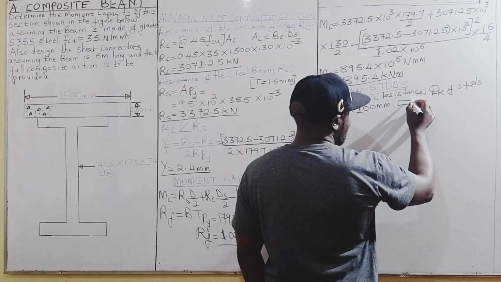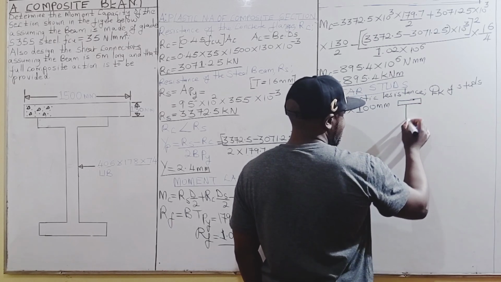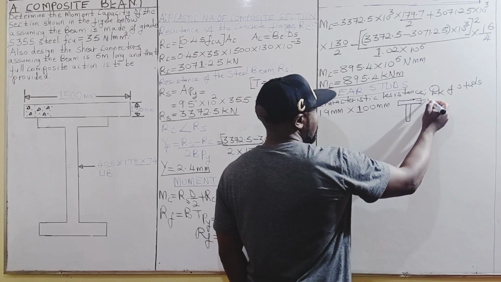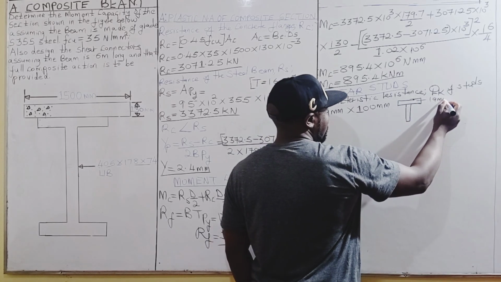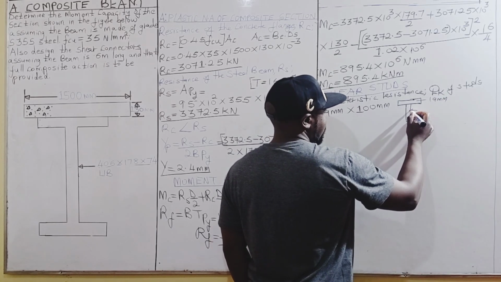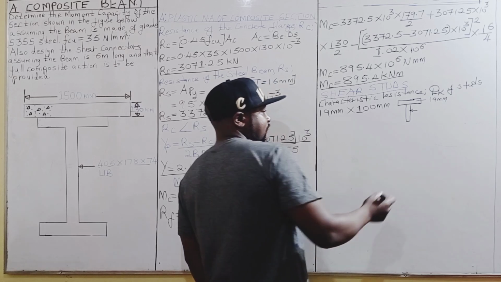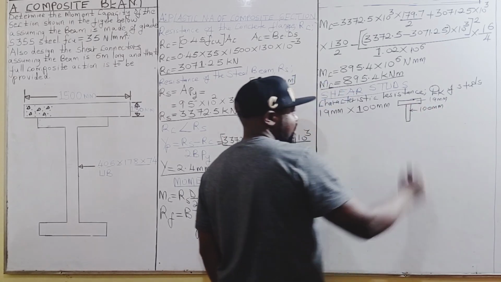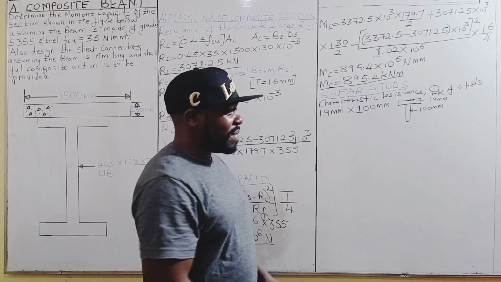It is something like this, just to explain in layman's language. This is a shank whose diameter is 19 millimeters, and this is 100 millimeters high, a height of that stud of 100 millimeters.